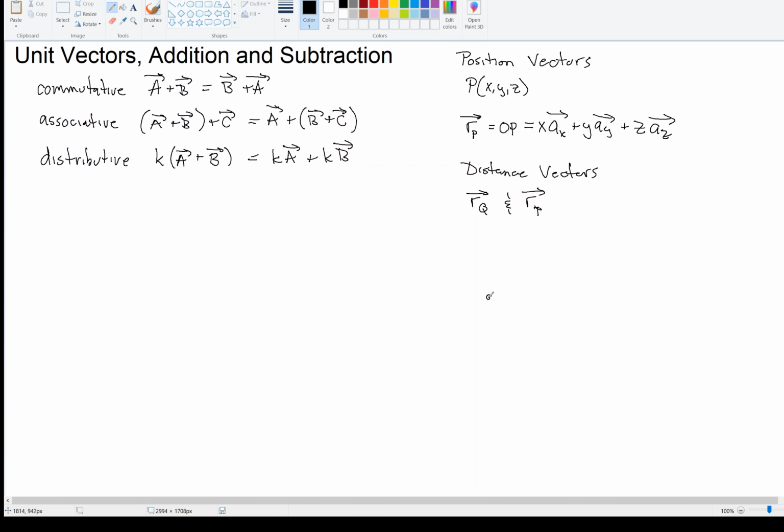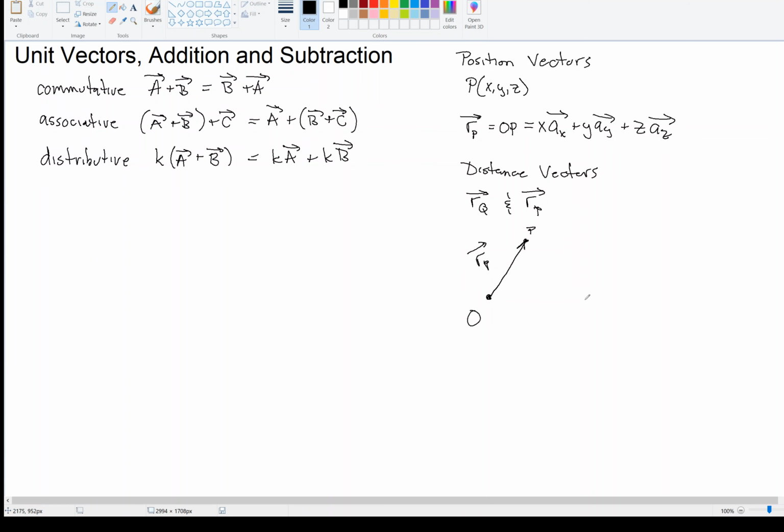So let's say here's the origin, O, and here's the point P. Then RP is this thing. It's a position vector from the origin to point P. From, to, you have to keep that in mind, the directed distance from and to.